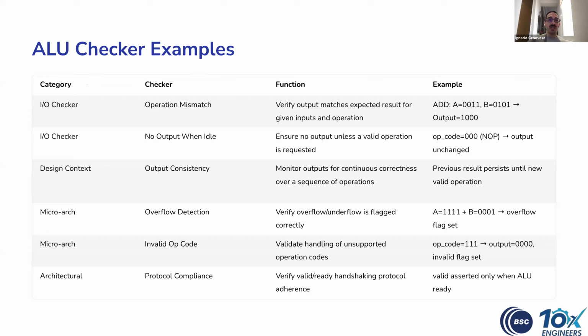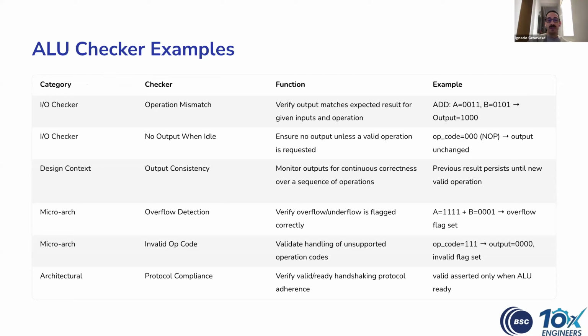A design context checker could check that the output is consistent across operation sequences, that the previous result persists correctly until a new operation comes. A microarchitectural check could be an overflow detection or the carry signal, as we mentioned before. This is implementation specific. Or also an invalid opcode handling.